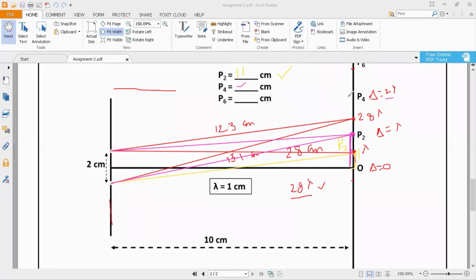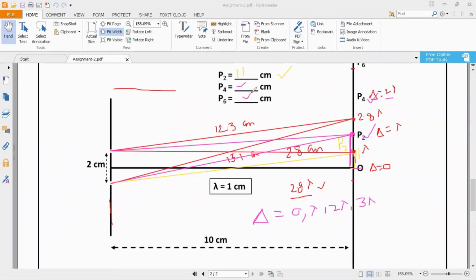Next, P6 means delta should be 3 lambda. So that is the condition for bright. What are the conditions for bright? Delta is equal to 0. Anyway, the center is here, so leave it. The next one is lambda, that is P2. The next one is 2 lambda, that is P4. The next one is 3 lambda, that is P6.